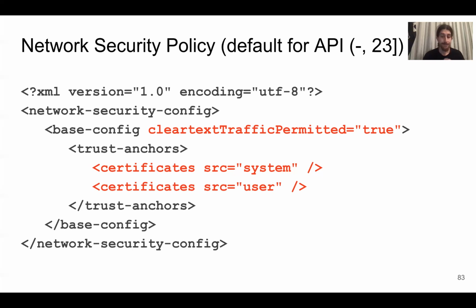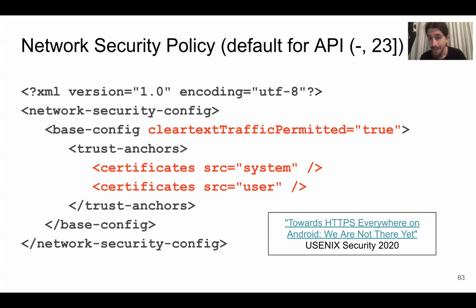And our impression is that we're still a bit far from that. We had a recent paper with a student where we studied how a lot of applications use this network security policy, if they modify it, how they use it, and so forth.